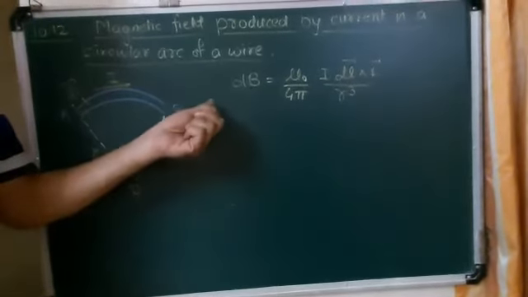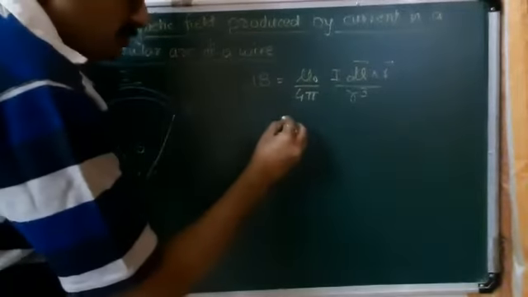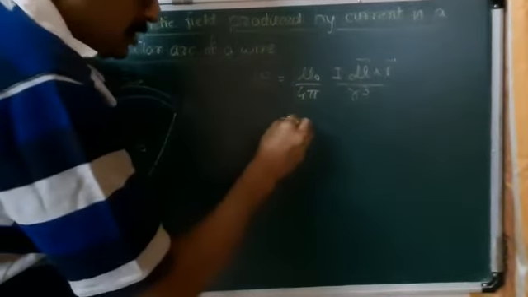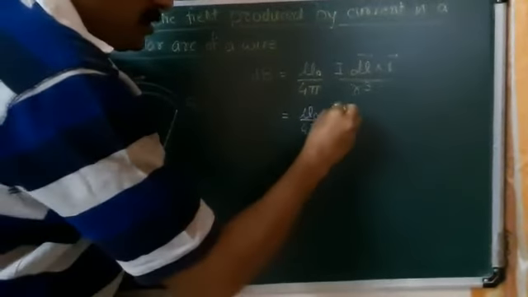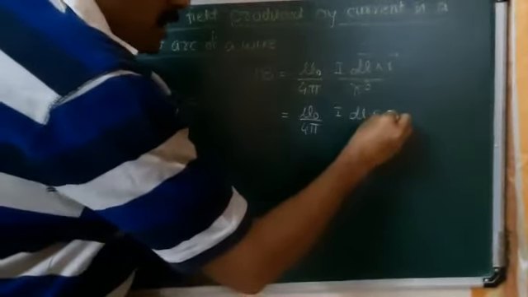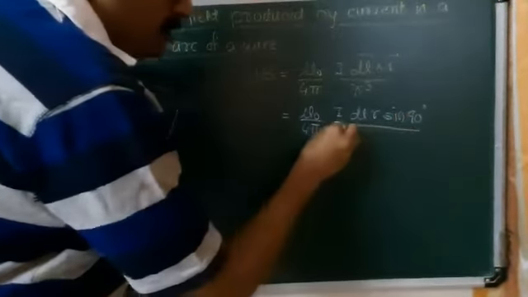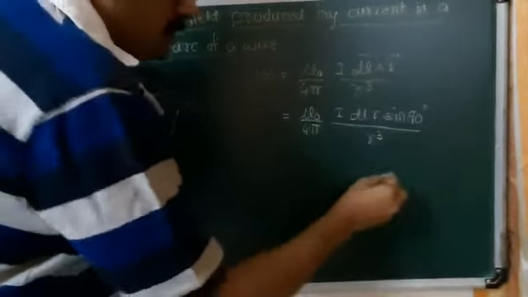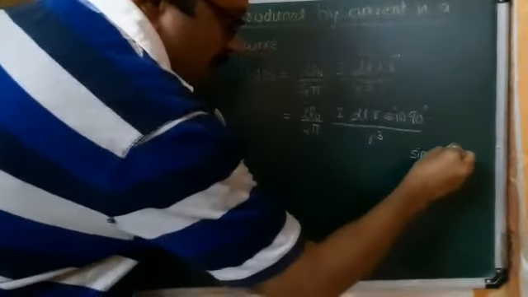Now this is equal to mu 0 upon 4 pi into I dl r sine of 90 degrees divided by r cube. Here sine 90 has the value 1.